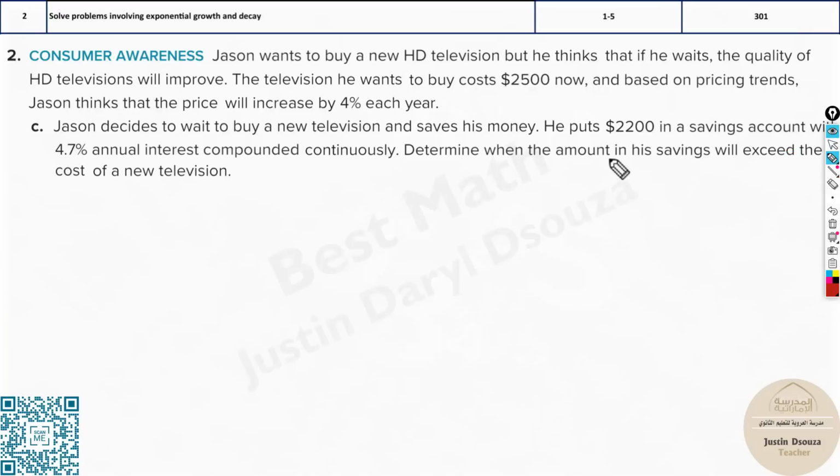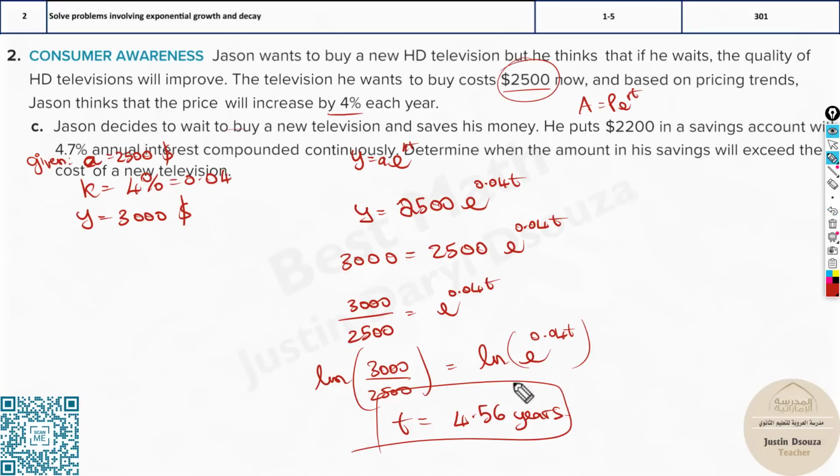Okay, this is interesting. What they are saying is, now he knows this television will initially cost 2,500 and it's increasing 4% every year. Now what he does is he saves in the bank $2,200, but that will compound every year at 4.7%. So the same thing, what we did just a while ago, see this equation which we have written, right?